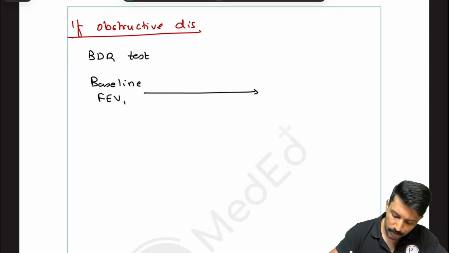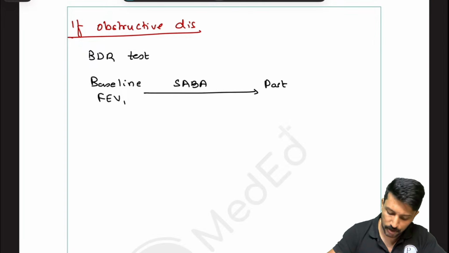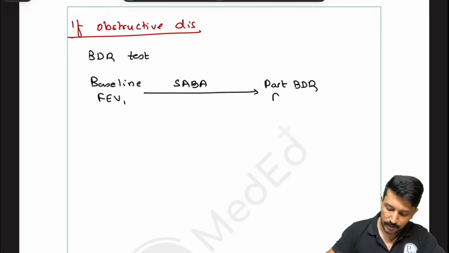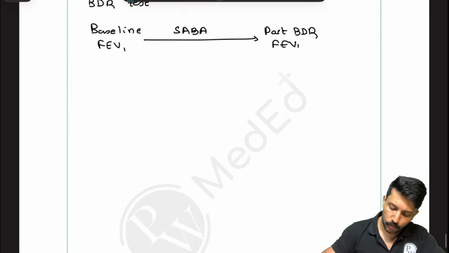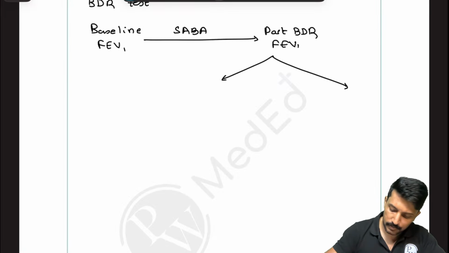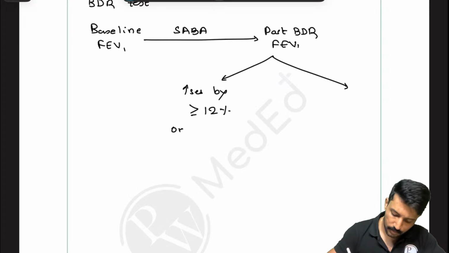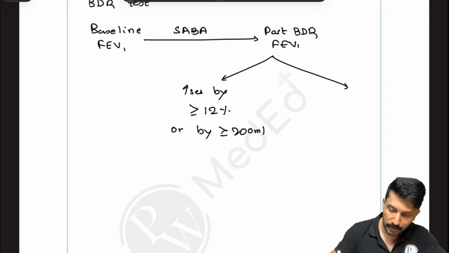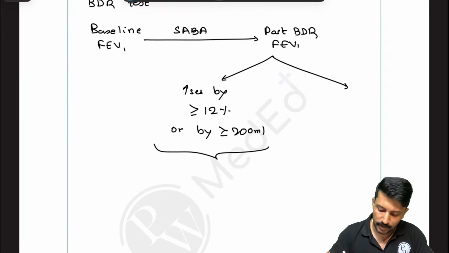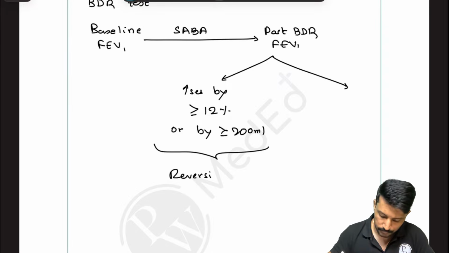We will administer a short-acting beta agonist like salbutamol, and then we will recheck the FEV1. We will call it the post-bronchodilator FEV1. And if the post-bronchodilator FEV1 increases by more than or equal to 12% or by more than or equal to 200 ml, if any of these criteria is met, we will call it reversible obstruction.